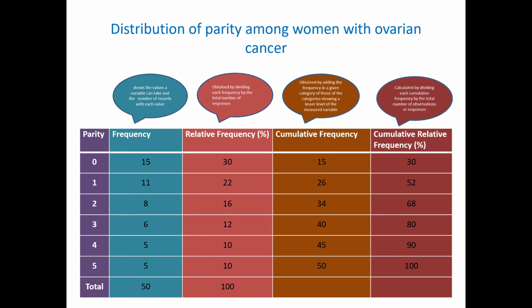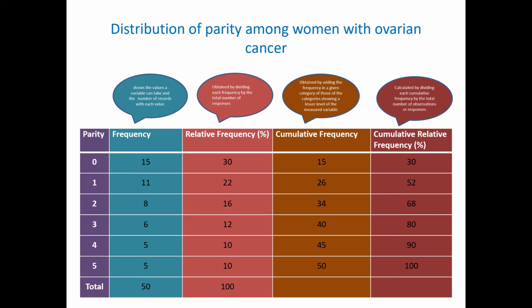If it's at most para 2, it means that it can be 0, it can be 1, it can be 2. So if you look at cumulative frequency, the way we accumulate up to that level, para 2 is 68%. So 68% are at most para 2.